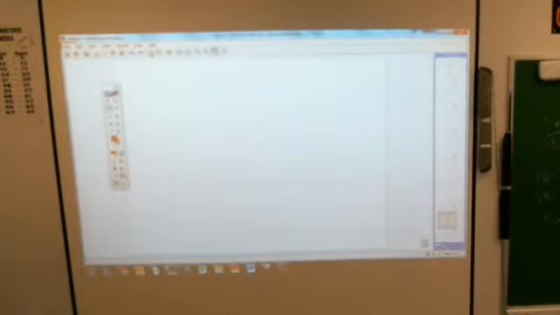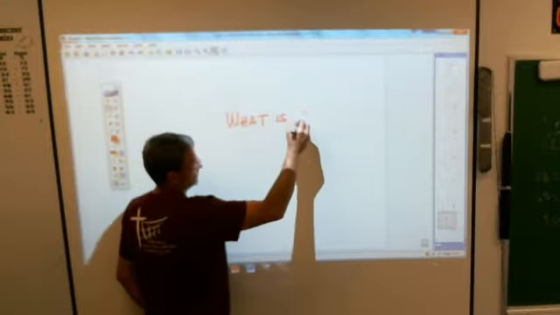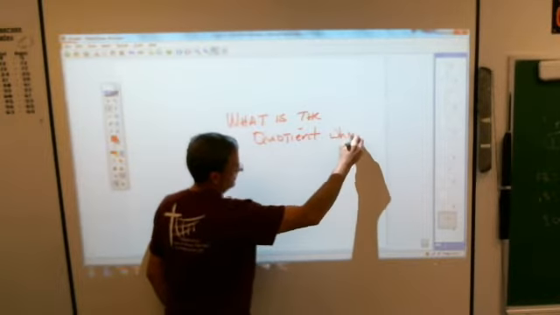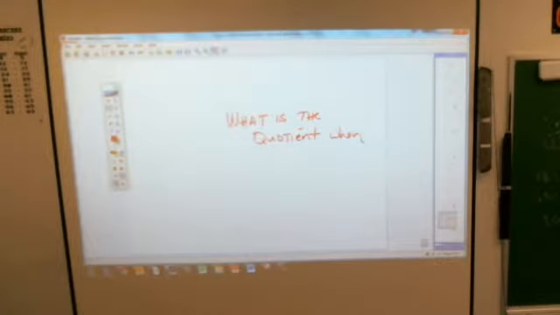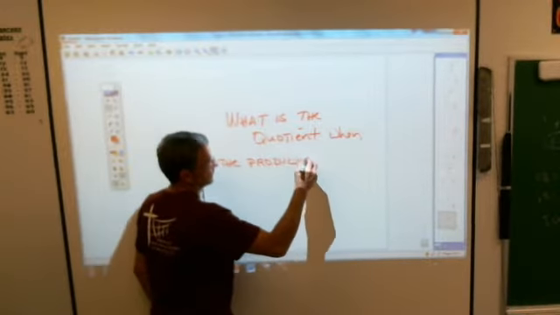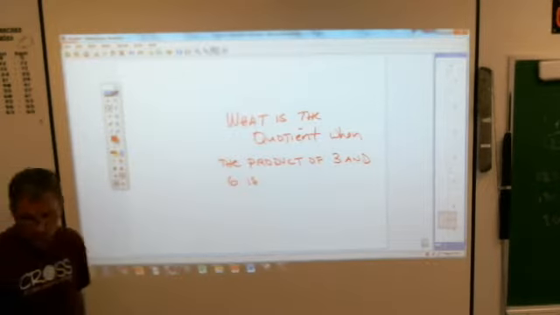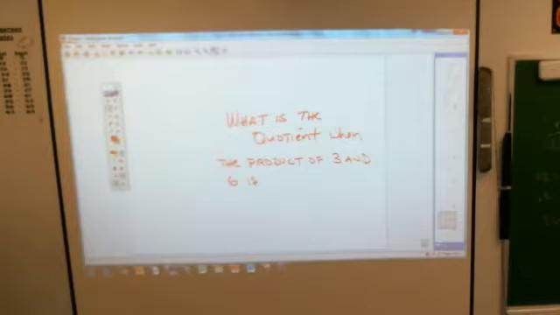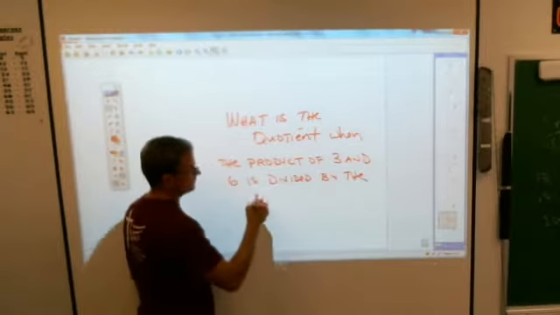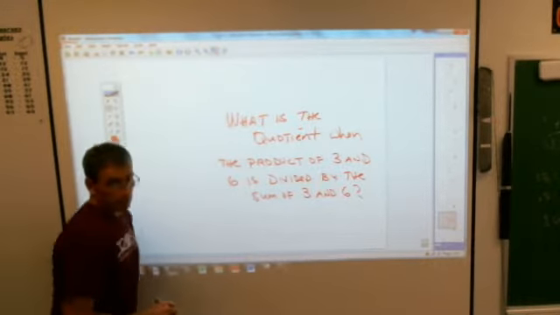Right out of the book it says, what is the quotient when the product of 3 and 6 is divided by the sum of 3 and 6? Big fat question mark there.